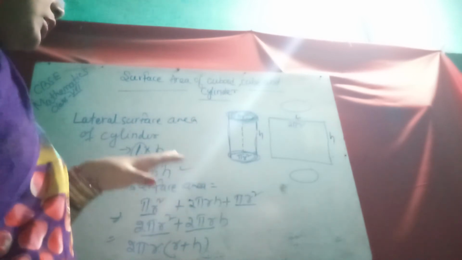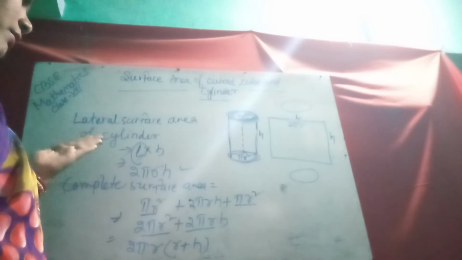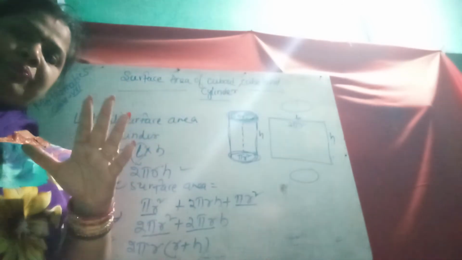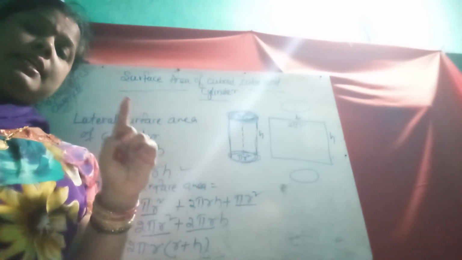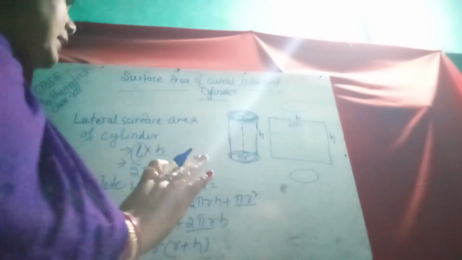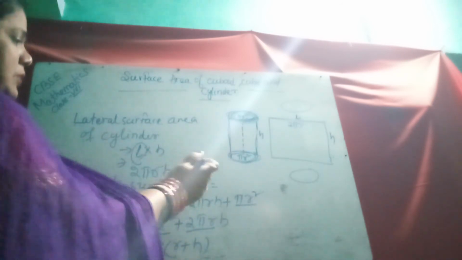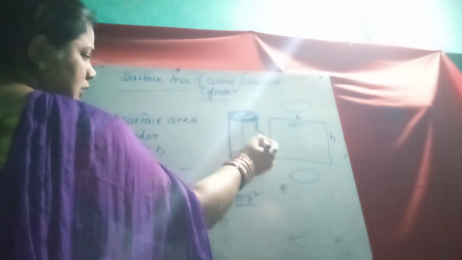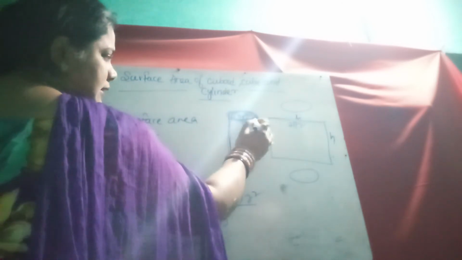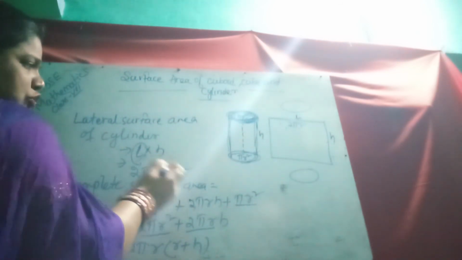I think you understand how to derive the formula from the area of the rectangle and the area of the circle. Simply use that; there is no need to memorize the formulas. Lateral surface area means length into height, where length is the perimeter of the circle, 2 pi r, so 2 pi r h.